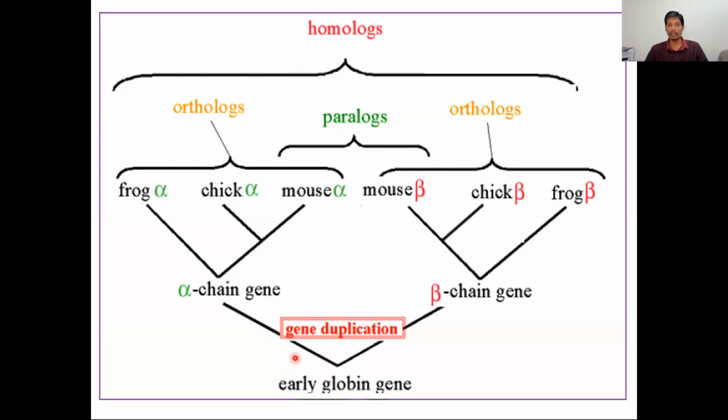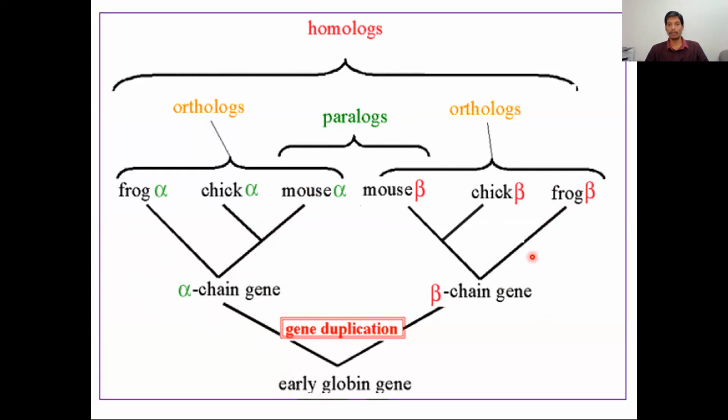Thus the globin gene became two genes, the alpha chain and the beta chain. The alpha chain was passed to the frogs, chicken, mouse and humans. And beta also passed to the mouse, chicken and frog, everything.